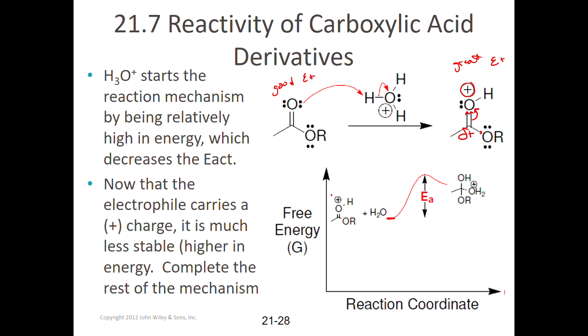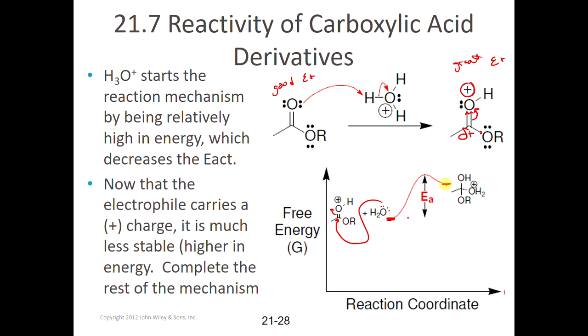So now that there's a positive charge, already it's a lot higher in energy to begin with, and now when this water attacks and pushes these electrons up to form the intermediate, now the intermediate only has one positive. So while it's more sterics, probably it's harder for this molecule to stabilize its positive with solvation, and there's no resonance to stabilize it like there is resonance to stabilize this one.